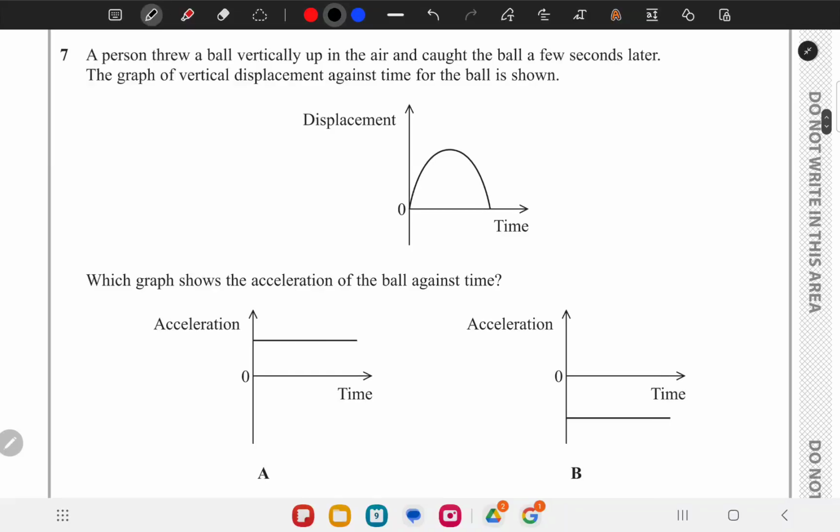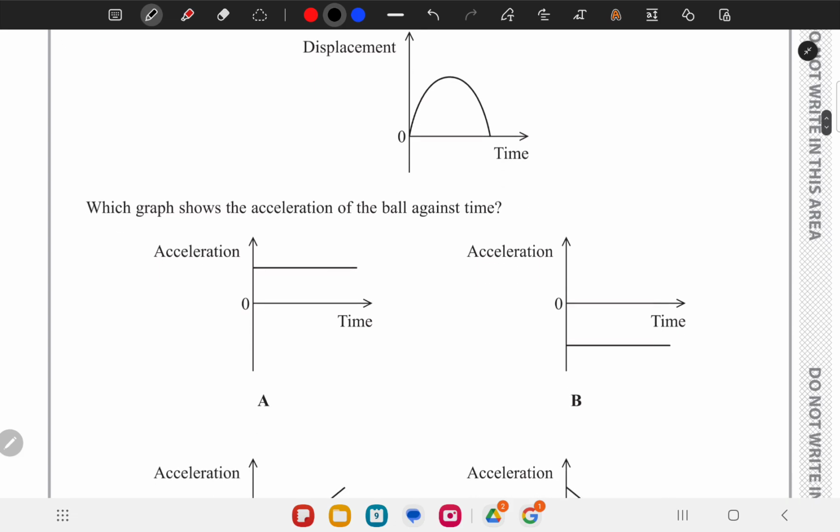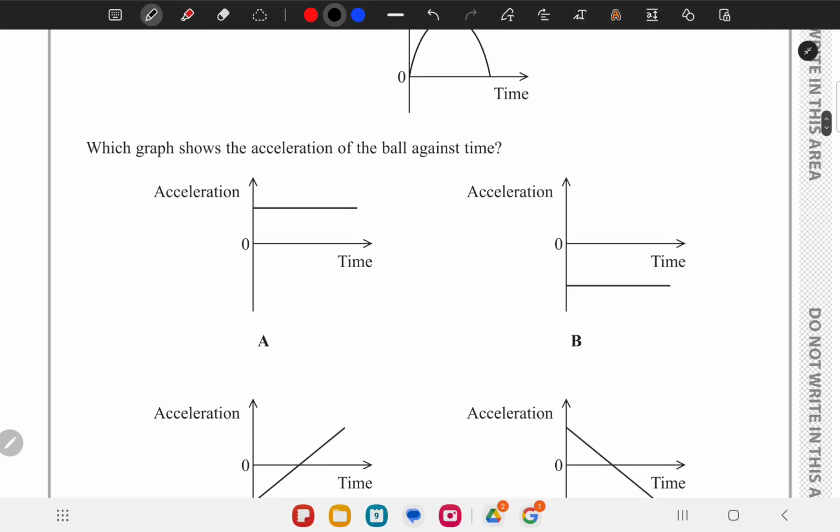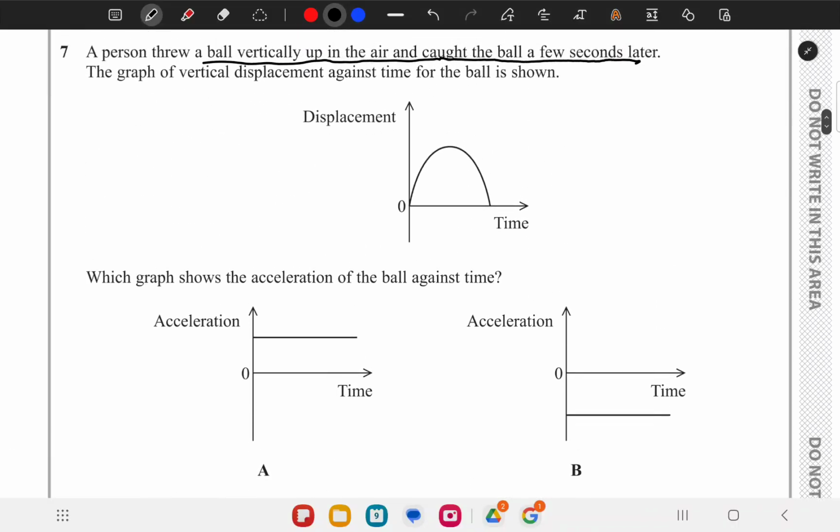Now for question 7, we are given the displacement time graph for a ball being vertically thrown up in the air and caught a few seconds later. We have to find the acceleration time graph for this. Since it's a ball thrown upwards, for the whole journey its acceleration will be equal to minus g.